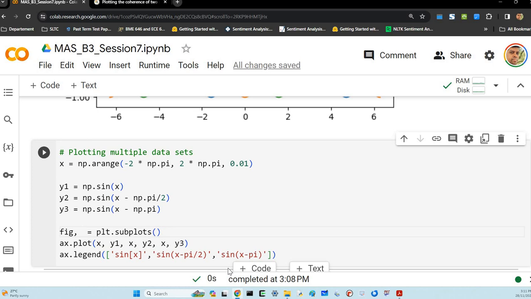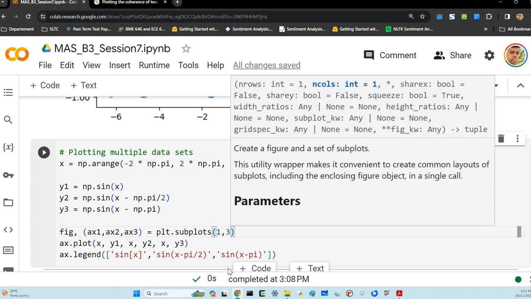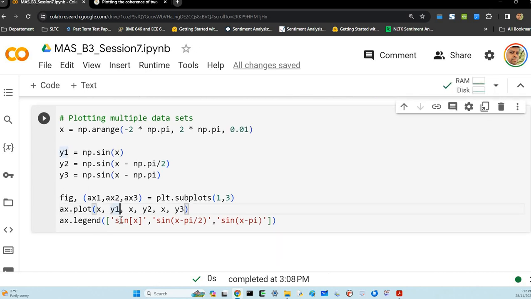Now I am going to get 3 axis labels: ax1, ax2, ax3. The reason is I'm going to have 3 different plots, and we will say 1, 3. The idea is 1 row and 3 columns. Now what I'm going to do is, instead of putting this, let me remove both of them.